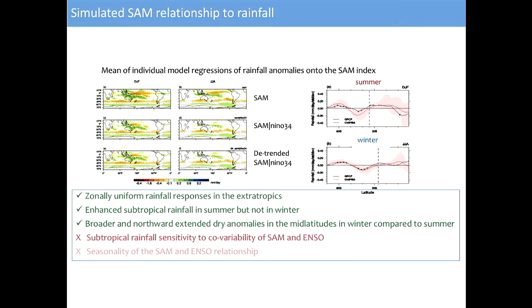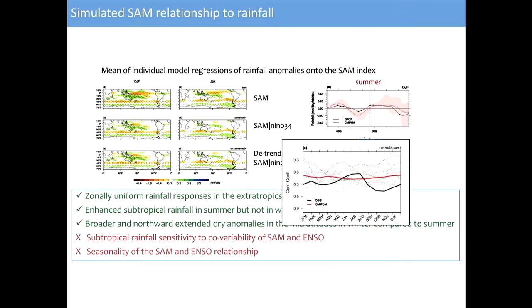So I'll just show you here. I think this is a really important thing when we're thinking about our climate models. The black line is the observations, and this is season along the bottom, January, February, March, April, all the way to DJF. You can see that SAM and ENSO are correlated most strongly, and I think only significantly, in late spring, early summer.